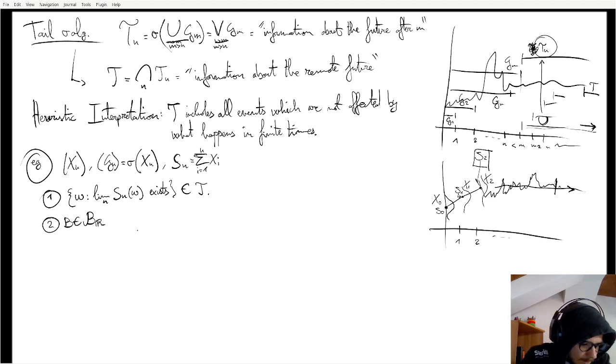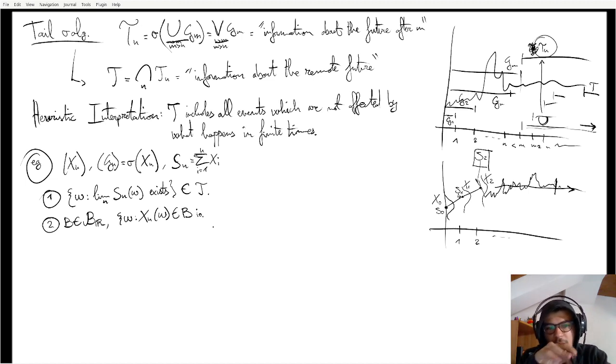And consider the following event: the event of outcomes such that xn of omega belongs to this Borel set B infinitely often. So the realization xn of omega falls into this set infinitely often, which means infinitely many times.